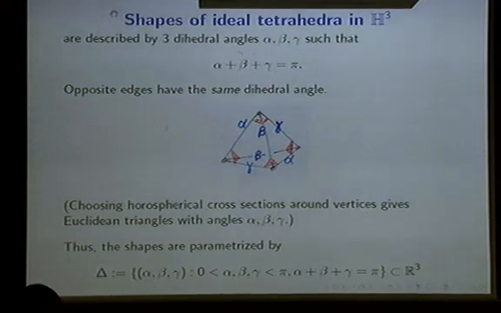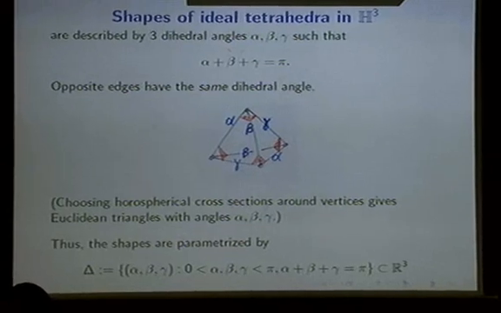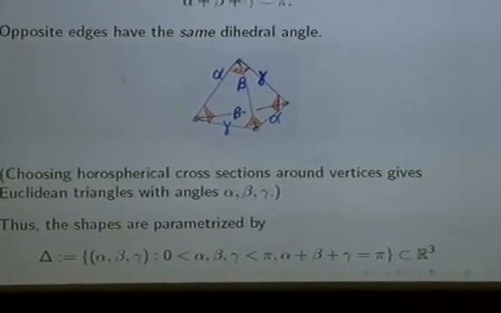So this gives you a nice parameterization of the shapes by looking at angles, say alpha, beta and gamma, where all the angles are between 0 and pi, because I really want a geometric tetrahedron. And we have these inequalities on the angles together with the condition alpha plus beta plus gamma is equal to pi.